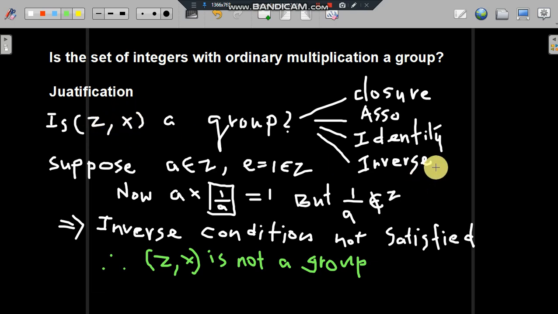But one condition, inverse, is not satisfied, because the inverse condition says that for all A belonging to Z, we must have an E such that this holds, but already E is present in G. This is the identity element, we know.